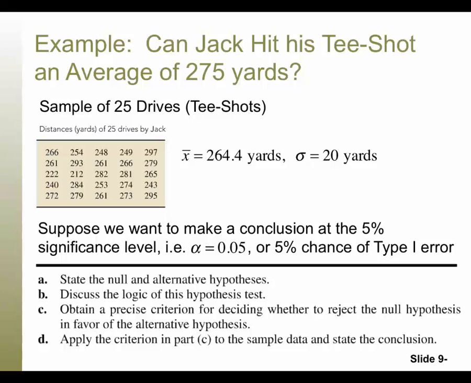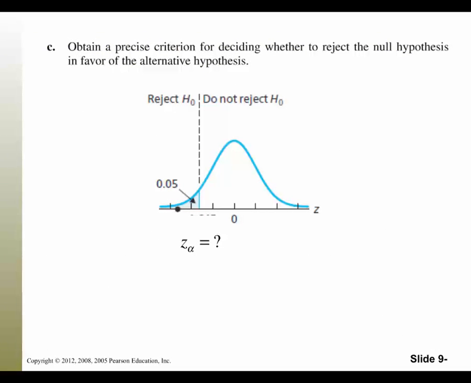Our significance level was 0.05 or 5%. If that z-score lies down here, there's only a 5% chance that it really should have been over here, but a 95% chance that it was indeed that far away from the mean.